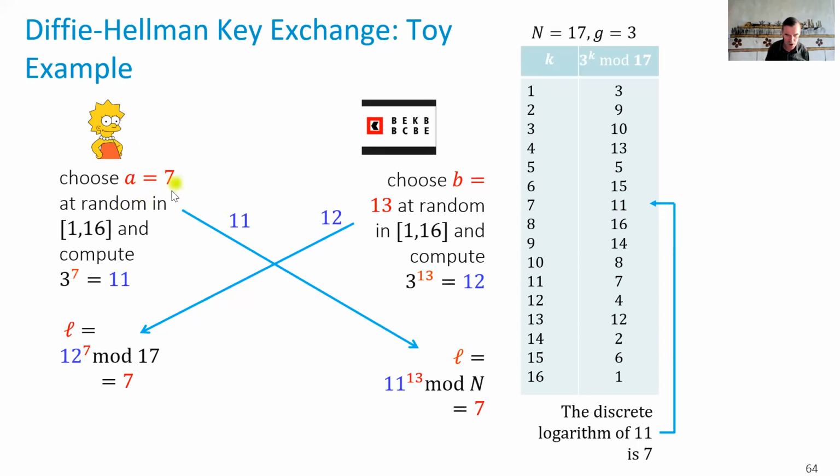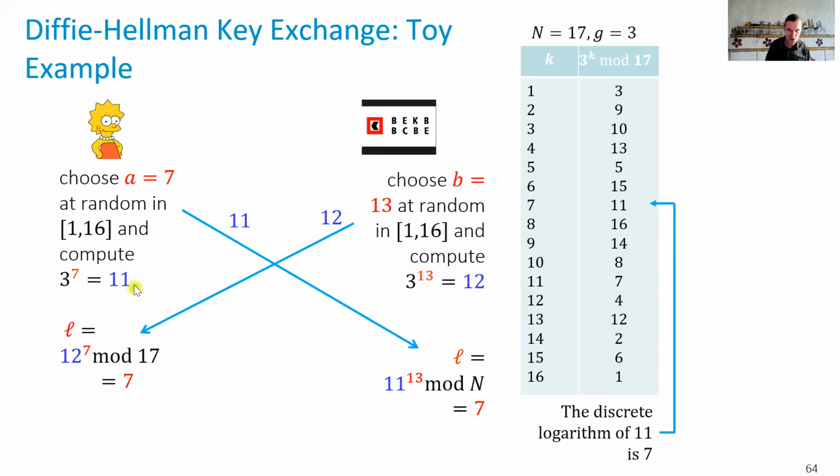They cannot find the 7. So we send the 11 here, which is 3 to the power 7. The bank does the same, chooses another number at random, 13, and sends 12 here. Again, we believe that seeing 12 does not give us any information that the secret number chosen by the bank was 13. So each of them has received a number.